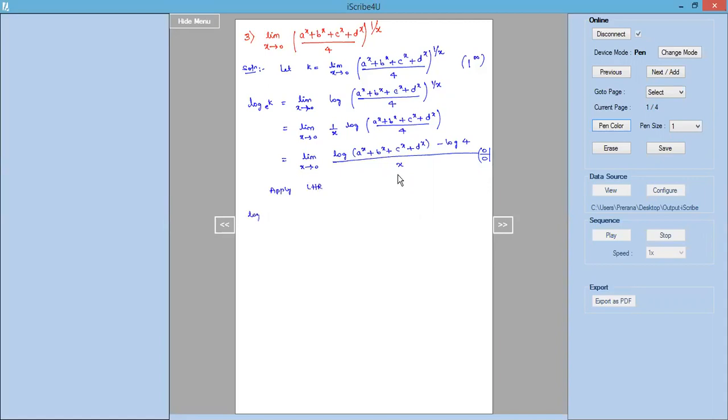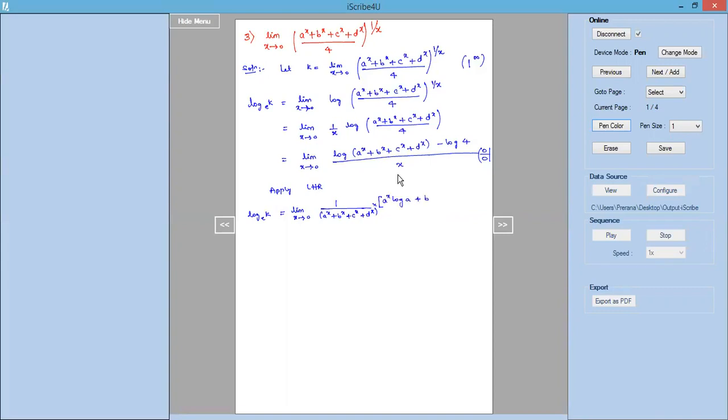So log k to the base e is equal to limit as x tends to 0, differentiation of log of a power x plus b power x plus c power x plus d power x is 1 divided by a power x plus b power x plus c power x plus d power x multiplied by differentiation of a power x, which is a power x into log a.